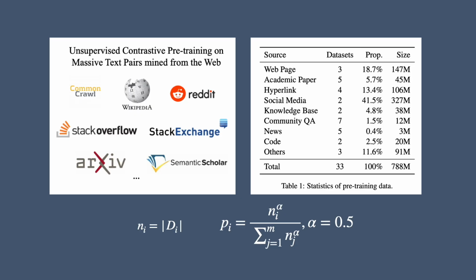The issue is that the data sources often differ significantly in terms of the number of training instances. To handle the imbalance across different data sources, they use multinomial sampling. Each dataset di is sampled with probability given by the formula, where alpha equals 0.5. This helps the model avoid biases toward any particular dataset.